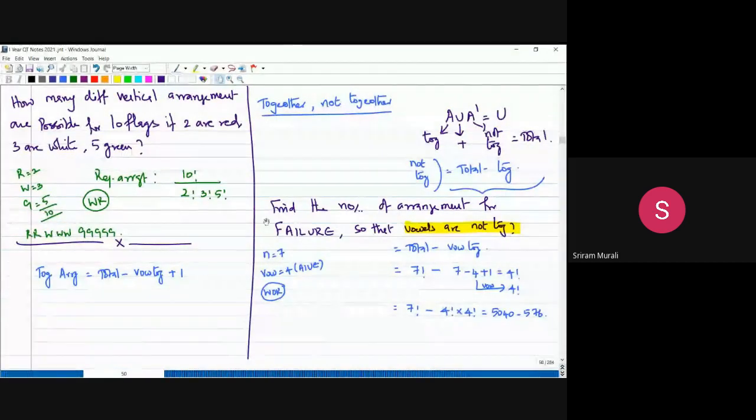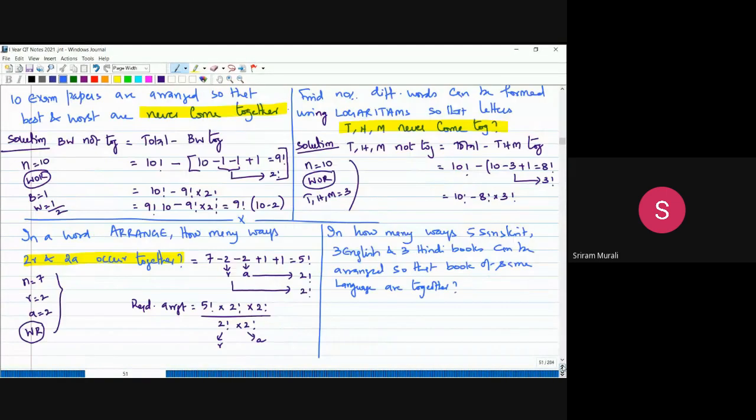In the place of bringing the vowel between the consonants, that is why I said it is 4: 1, 2, 3, 4. If you take this, bring best and worst between every pair of the papers. So that is why this is 9 factorial into 2 factorial.